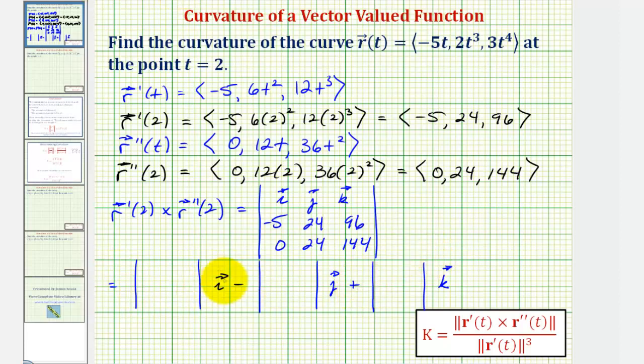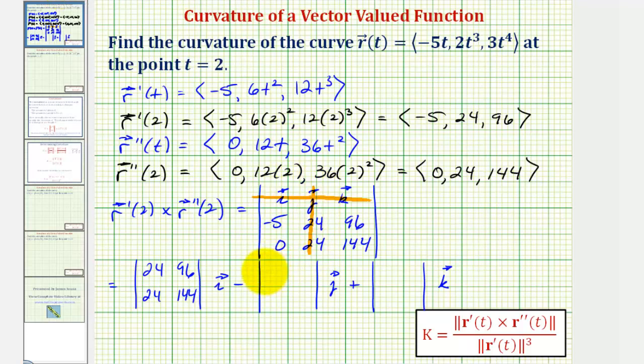And now to determine the elements in this first determinant, we eliminate the row and column of the i vector, so the first row and the first column, which leaves us with the elements 24, 96, 24, and 144. And now for the second 2 by 2 determinant, eliminate the row and column of vector j. So now we eliminate the first row and the second column.